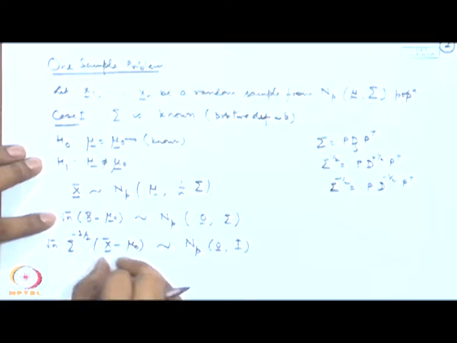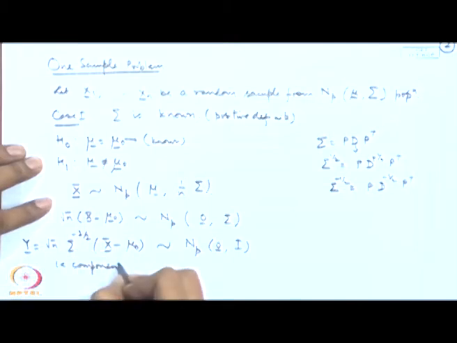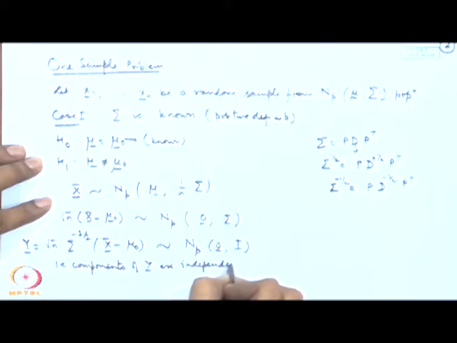Now, the components of this, let us call it say Y, become independent standard normal random variables.